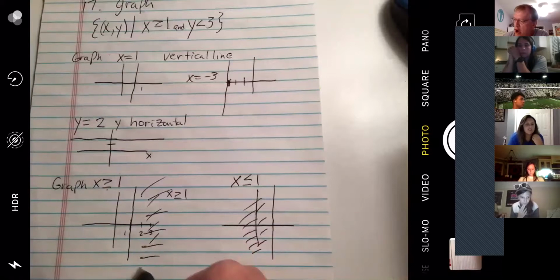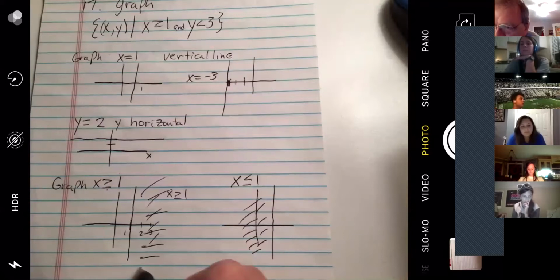It's to show that there's an infinite number of points that have x greater than or equal to 1. This line goes forever vertical up and down, and all of the points up and down satisfy x greater than or equal to 1, and they're all solution points or answer points to this.